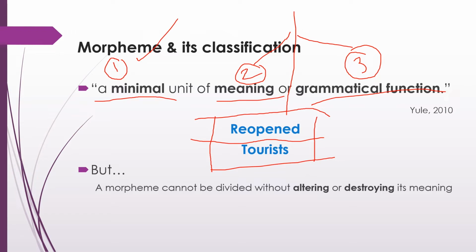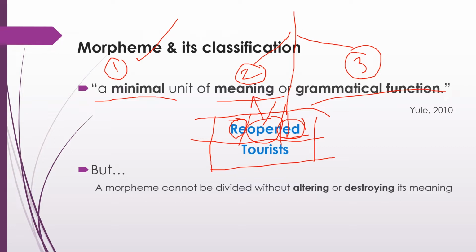We can see different sizes here. We find re, and then open, and then ed. So three sections here: re, open, and ed. We are very clear about open. Open is giving us the meaning, so that's why it is a morpheme.